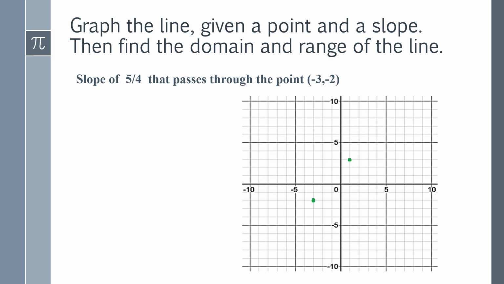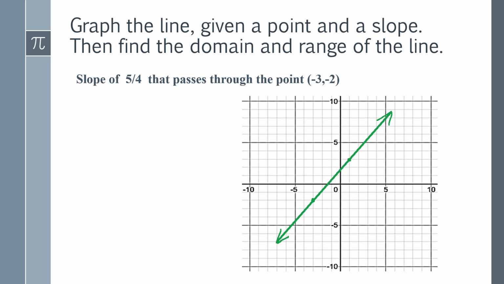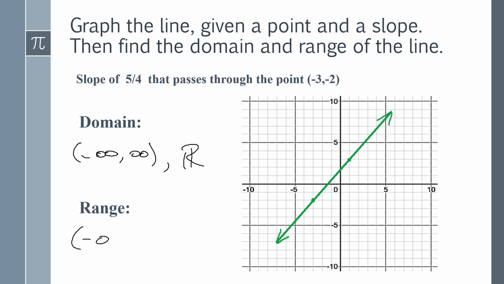And from that point, we can connect our dots and draw our line using a straight edge. Okay, now our domain, we've talked about this. Our domain is -infinity to +infinity, or all real numbers, and the range is the same.